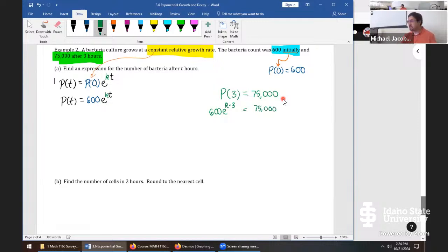So the problem now devolves into just solve this exponential equation right here. That's really not too bad. It might be a bit of review if you haven't done it in a while, but it's like riding a bike. Once you see what the solution is and you apply it a few times, it becomes like second nature. The very first thing we need to do is get the exponential function completely isolated. So we need to divide both sides by 600.